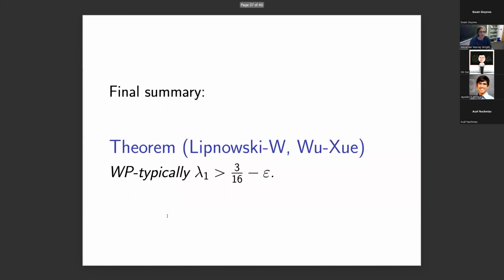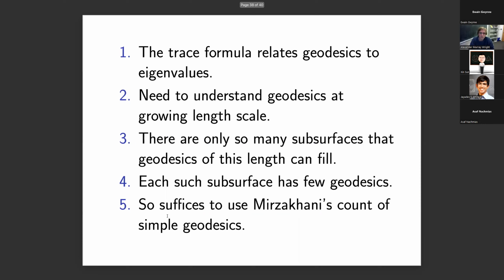So you win. So just a final summary, we're trying to show the spectral gap is big. The trace formula reduces understanding the spectral gap to understanding something about the number of closed geodesics. But you need to think about geodesics at a length scale growing with the genus.